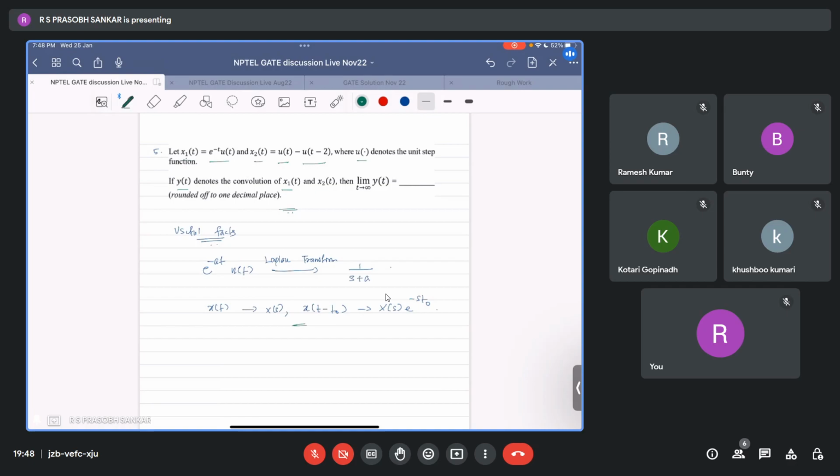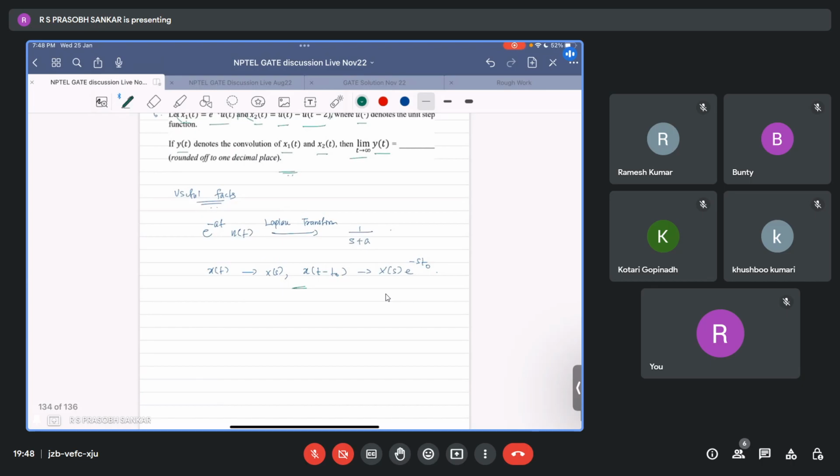If y(t) denotes the convolution of x1(t) and x2(t), then what is the limit of t going to infinity of y(t)? It involves everything: time domain, frequency domain, convolution, two signals. We are given two signals x1 and x2, and we need to find the final value of the function y(t).